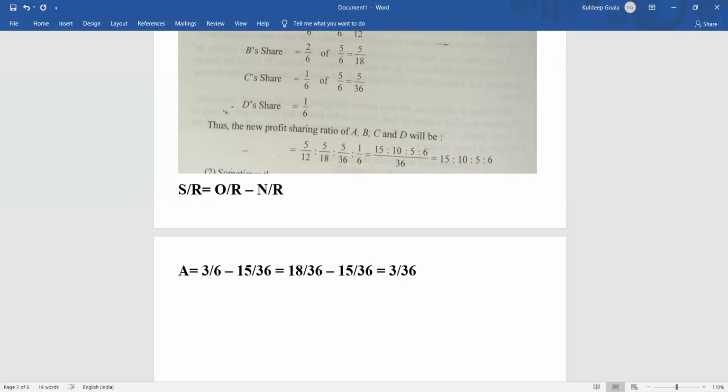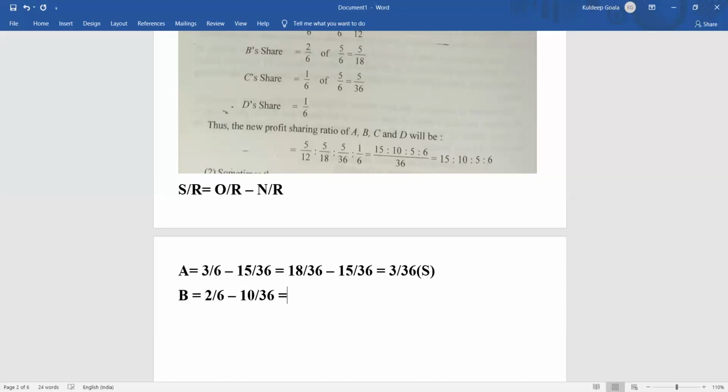So what you can see is that the sacrifice is 3 by 36. I'll just mention it here as S. S means sacrifice, right? Now in case of B, the old ratio was 2 by 6 minus the new ratio, which is 10 by 36.